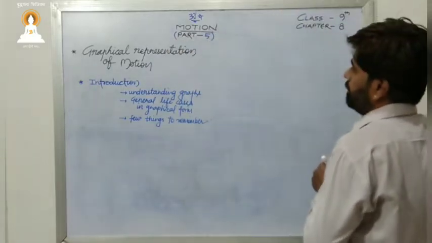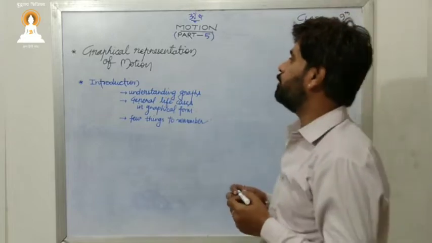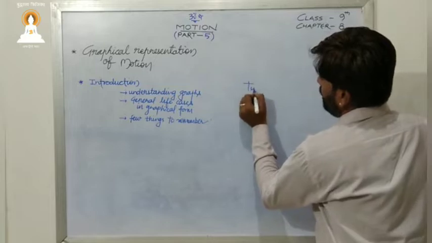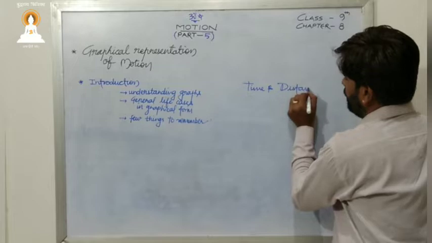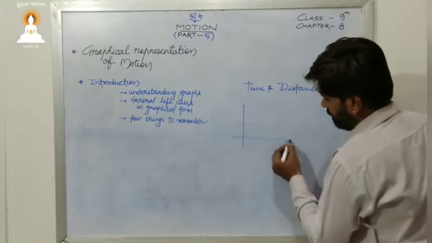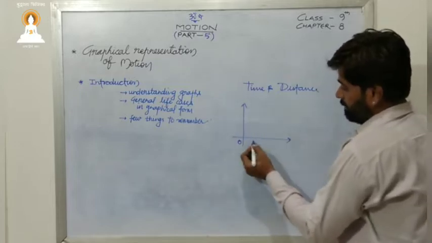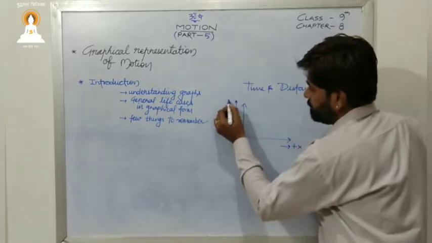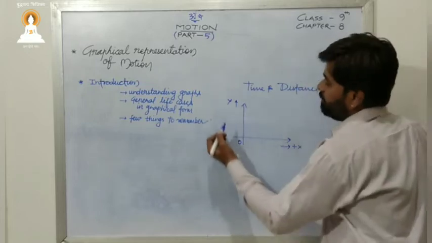Up to class 8, you had a chapter on time and distance, in which you have already seen a basic graph like this. This was the origin, then this is the positive x-axis, and this is the positive y-axis, over which we measured different things.